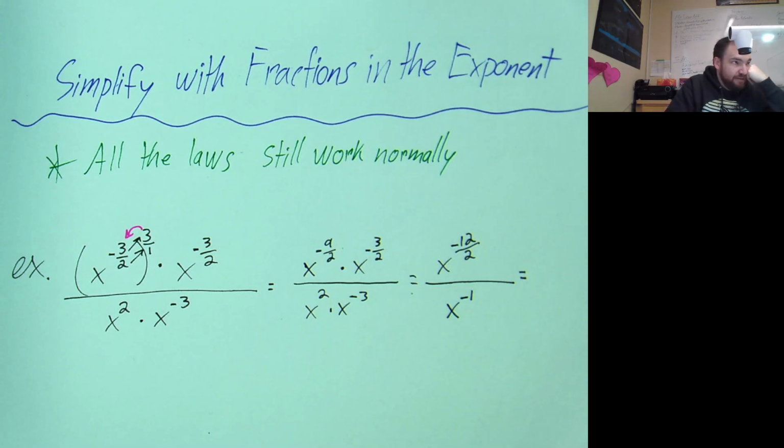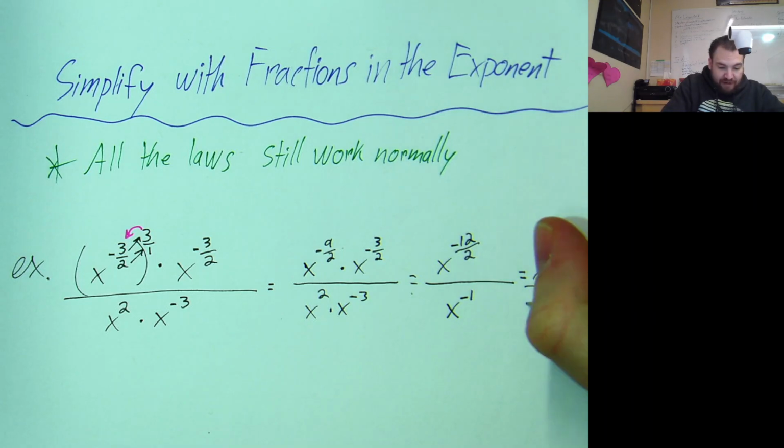Presley, I saw that hand. You would minus negative 1, which is adding 1. Oh, you want to do the subtraction here? Is there some easier thing we can do before that? Carolyn. Negative 12 over 2 is negative 6. So let's do that. That's going to give me x to the negative 6 over x to the negative 1.